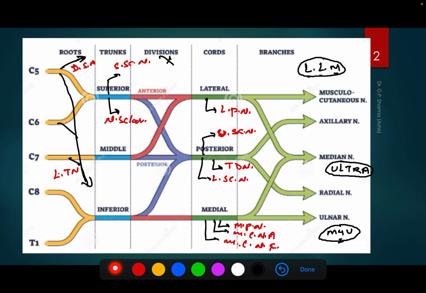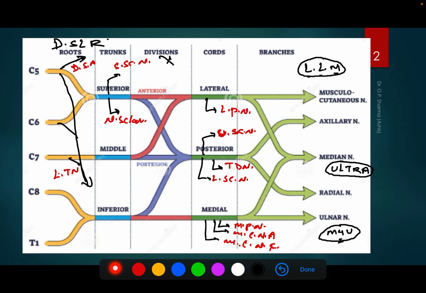So if you finish these branches from all the cords, now maybe you were thinking of an easy technique to memorize the branches from the roots and the trunks as well. Here I can give you one easy technique. You can use the formula DSLR, right?